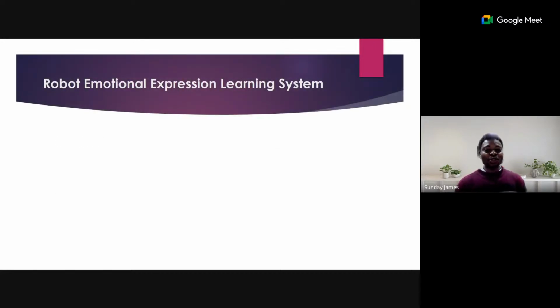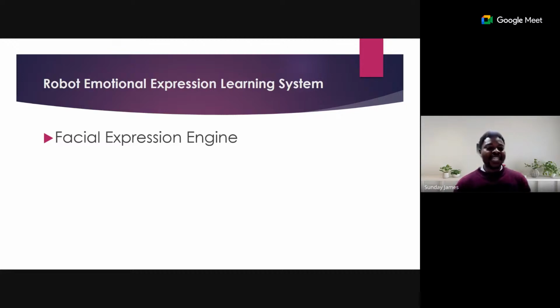Now, the robot emotional expression learning system. The robot will not just see you but interact intelligently with how you are feeling. We are able to train robots that can mimic these emotions and learn from how you feel, and also hold a conversation and create nice gestures that will keep you in the conversation and make you feel all right. So how do we achieve this?